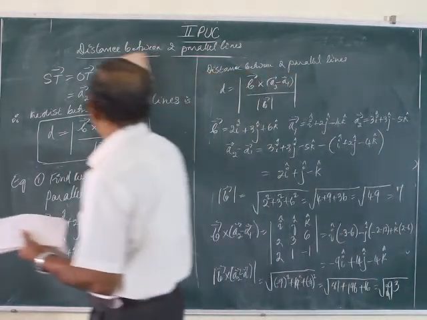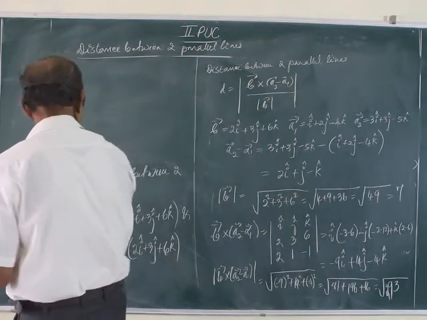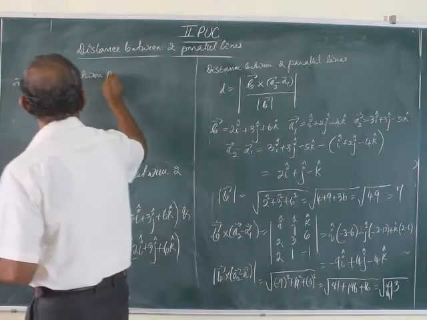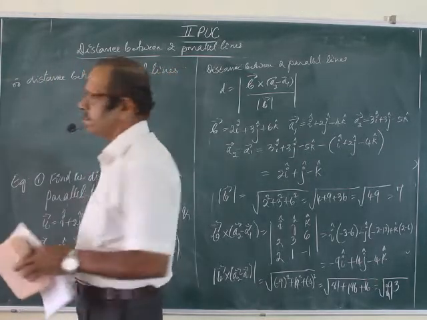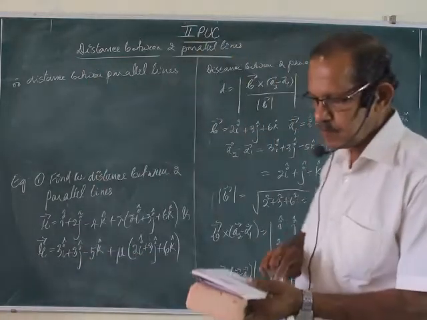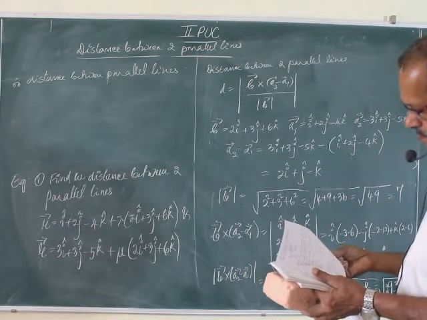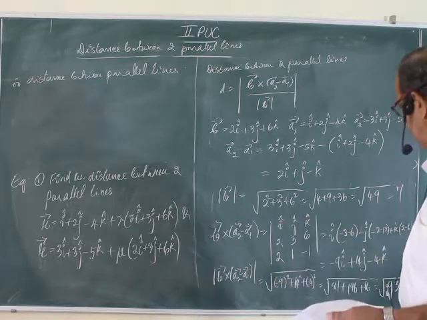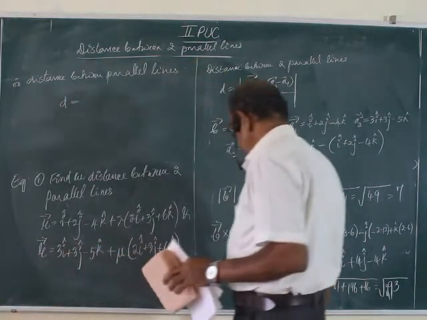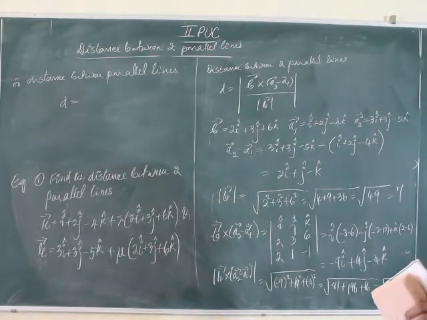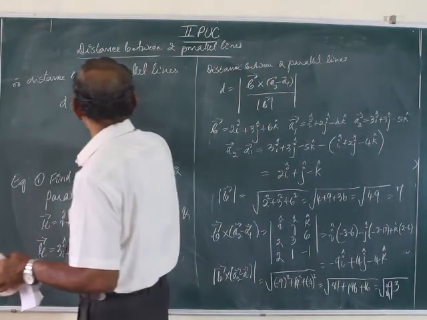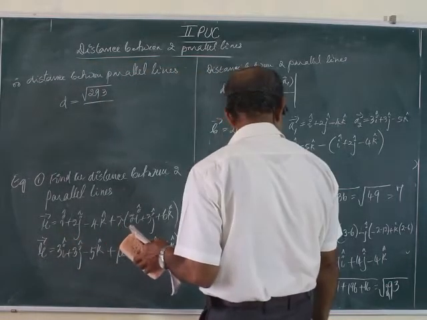Now let me write the answer. Therefore distance between parallel lines is d equal to root 293 divided by mod b 7.